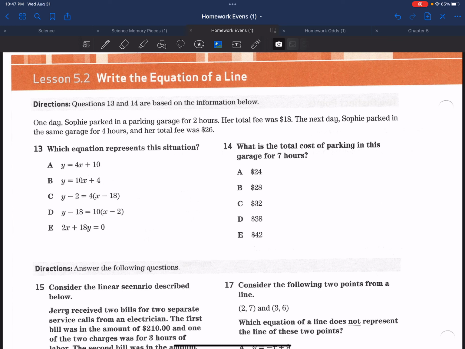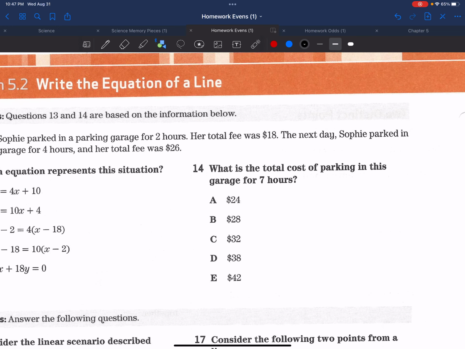Which equation represents this situation? Well, we have 2 points. We may not recognize it right off the bat, but maybe this will help. The x-axis is going to be hours, and the y-axis is going to be dollars.